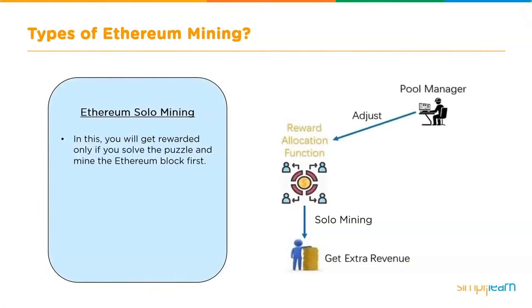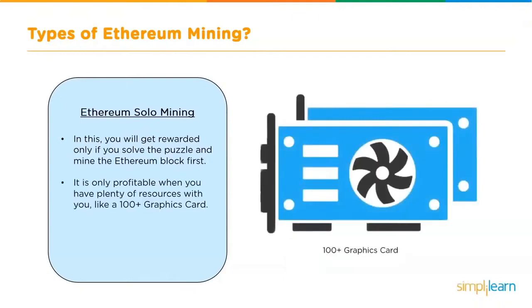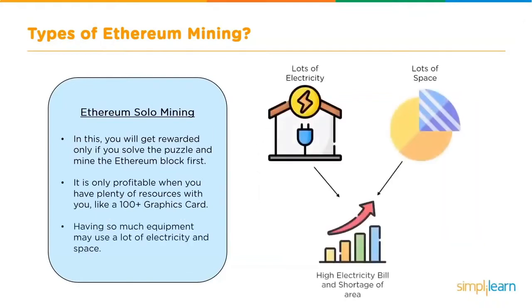Since here you are competing with many people and companies, you have to be very good at your work. Also, solo mining is only profitable when you have plenty of resources with you, like 100 plus graphics cards. And in solo mining, having so much equipment may use a lot of electricity and space, leading to high electricity bills, and not everyone has the considerable amount of area needed.